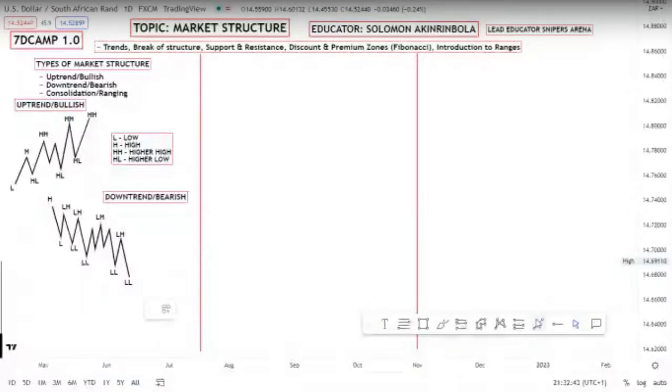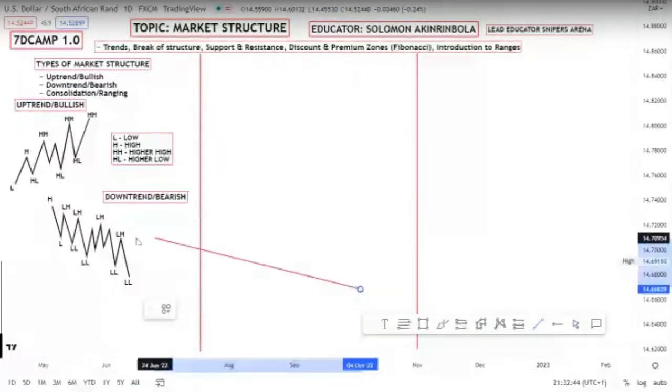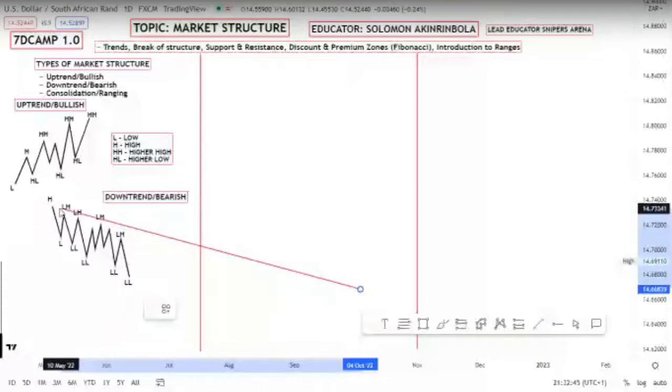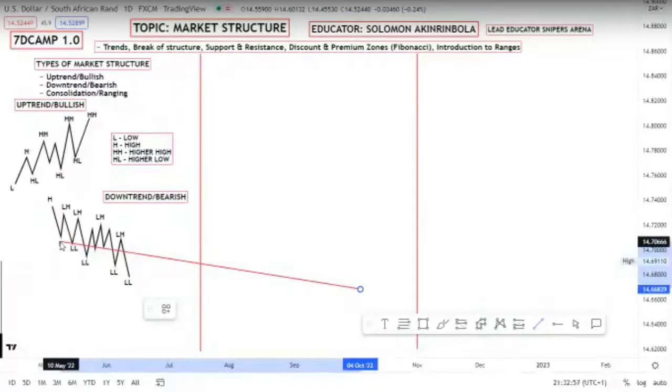What I'm trying to say is, it always starts from the high, then sellers will push it down to a low whereby they've exhausted the energy, they've exhausted the resources, the money they have, and buyers take it up.